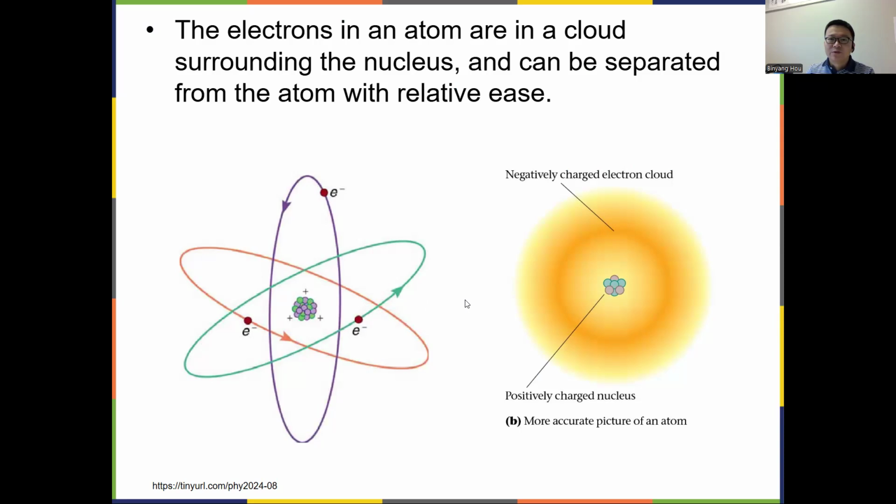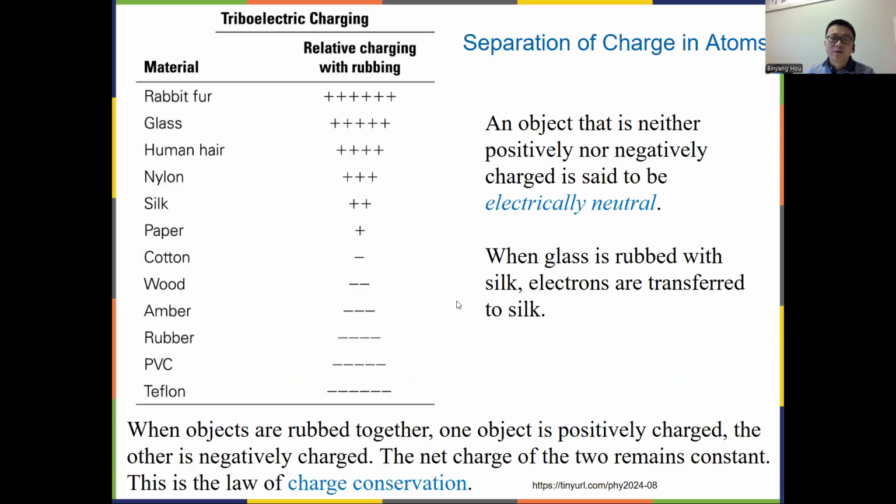So if you rub one material against another, for example, rabbit fur has a tendency of losing electrons. The negative electrons are taken away, so it becomes positively charged after you rub it against other materials.